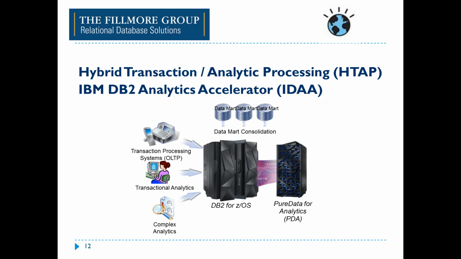IBM instantiates the HTAP architecture on z/OS with the IBM DB2 Analytics Accelerator, the IDAA. It's a product that I believe was originally released back in 2012 and has been going gangbusters.